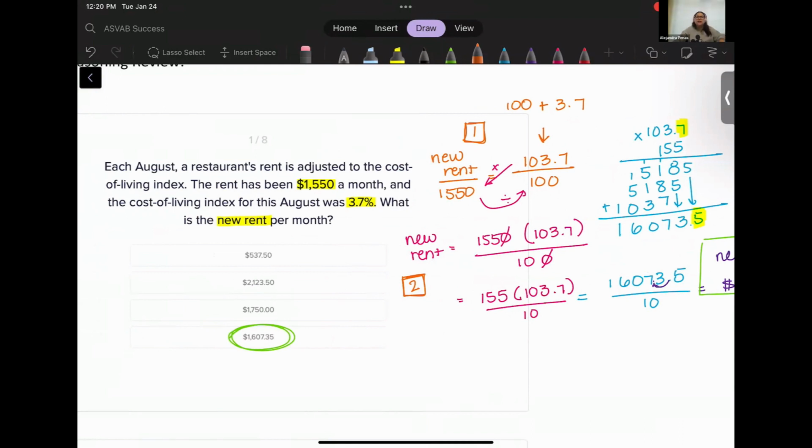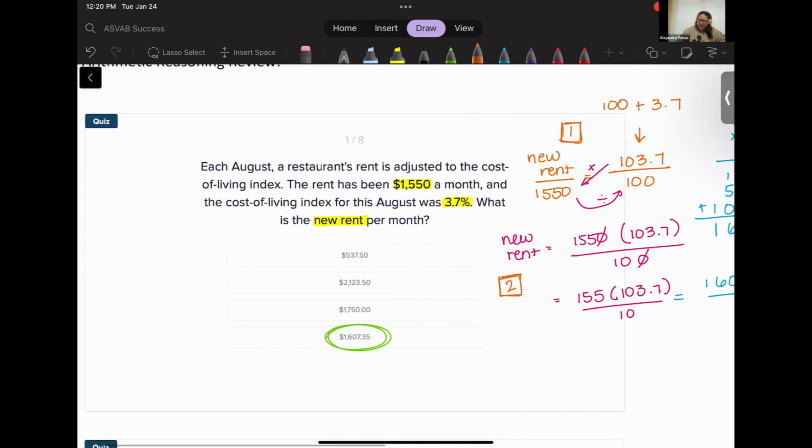So you would add the tax percent to the 100%, so you get the final price. If they mention anything like a discount or a decrease, or you got a coupon or something like that, then you would be subtracting instead of adding.